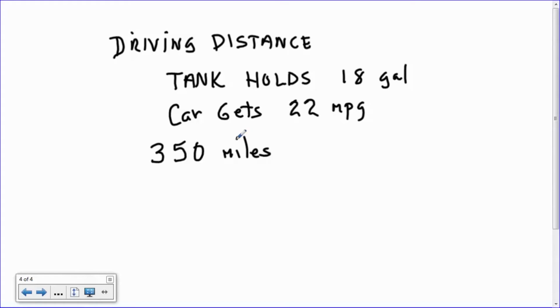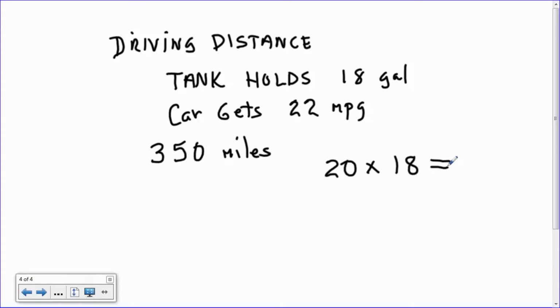So here's a situation where you might underestimate. Instead of using 22 miles per gallon, you might use 20 miles per gallon and multiply that, of course, times the number of gallons that you have. If you multiply it times the number of gallons, it will give you an estimate of how far you can travel.